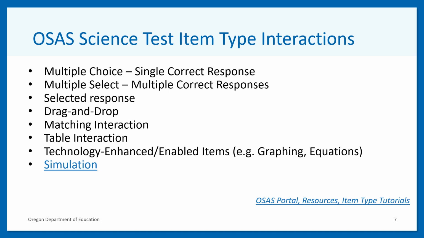Lastly, another interaction in the item unique to the science test are simulations. To learn more about simulations, please refer to the resources section of this presentation. Additionally, for more information about each item interaction type, please refer to the resources section of the OSAS portal under item type tutorials.